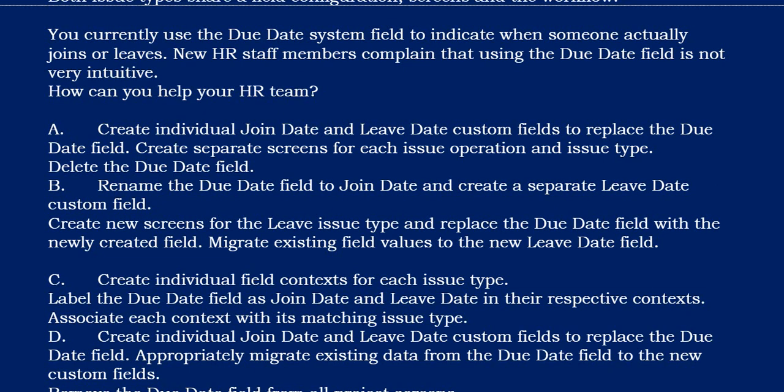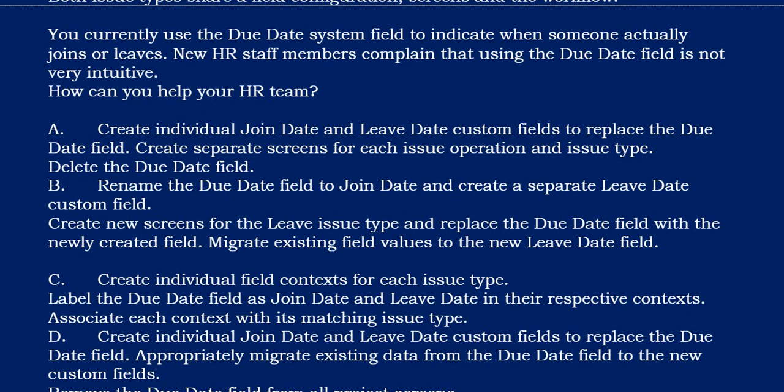Option B. Rename the due date field to join date and create a separate leave date custom field. Create new screens for the leave issue type and replace the due date field with the newly created field. Migrate existing field values to the new leave date field.